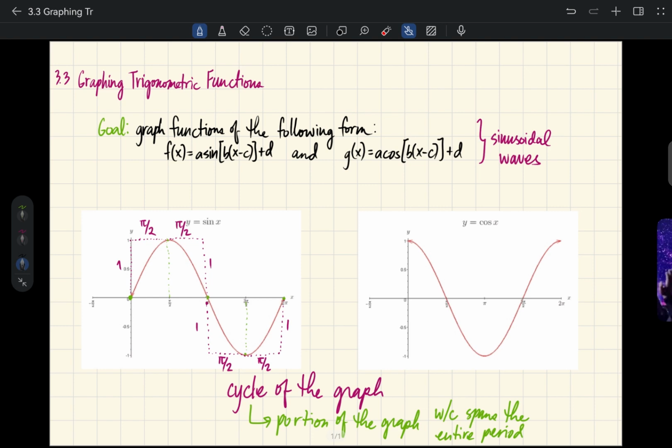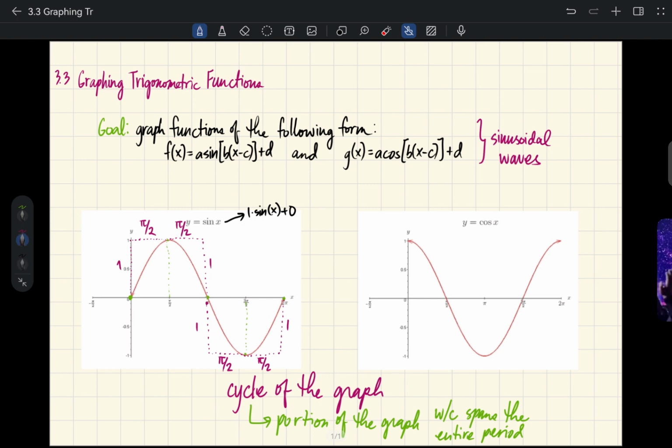So how do we connect these numbers, 1 and pi over 2, with your sine x? Observe that y equals sine x can be written as 1 times sine of x plus 0.